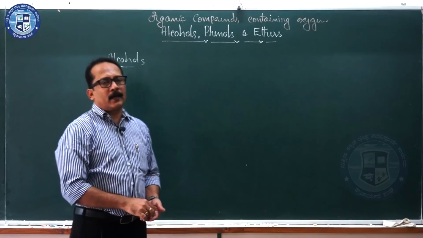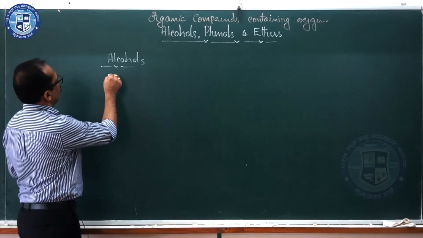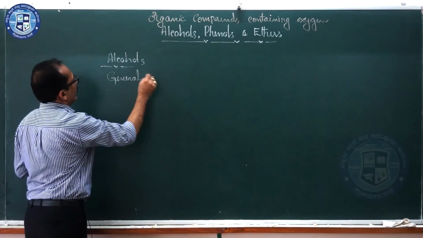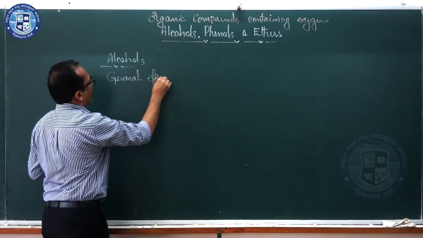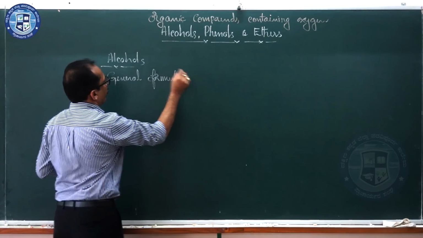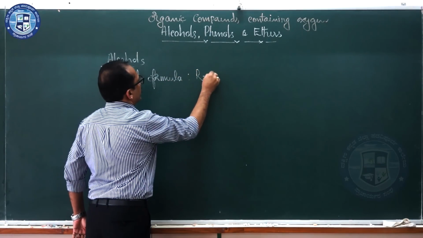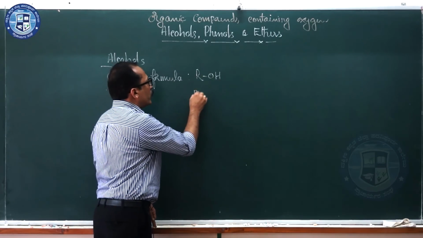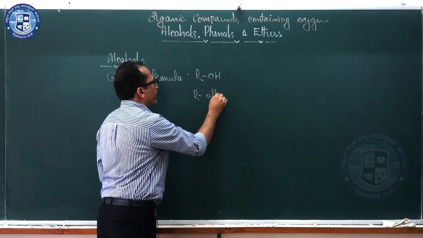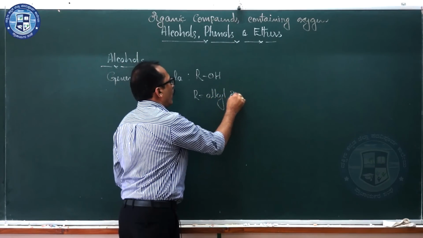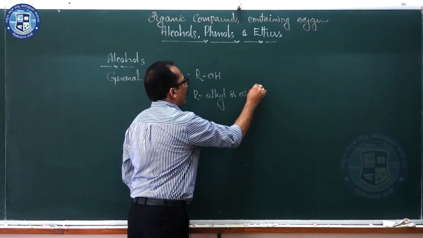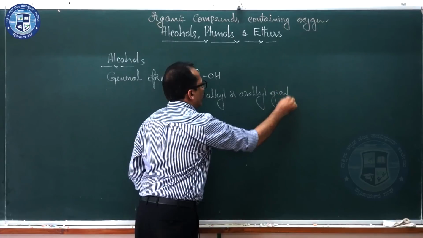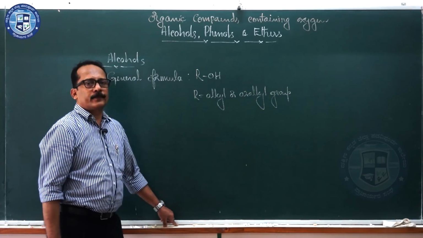So the general formula for alcohols is ROH. Here R is an alkyl group.